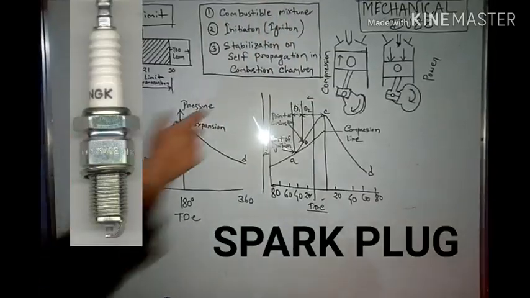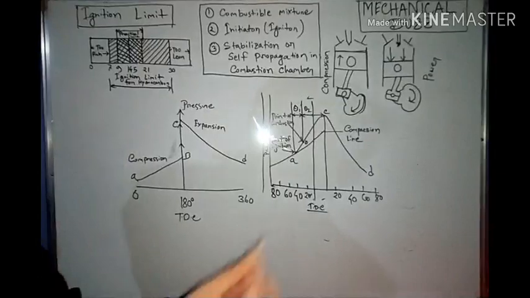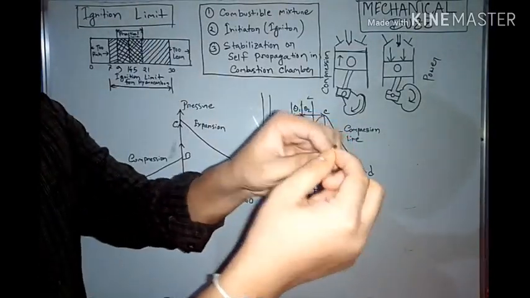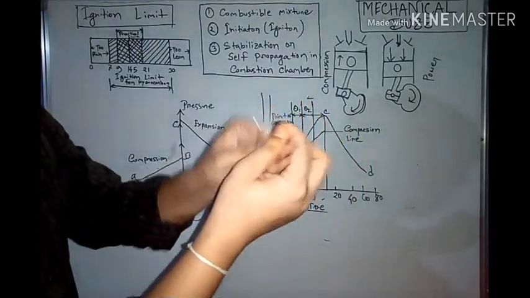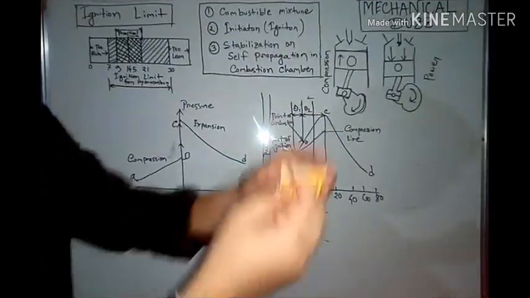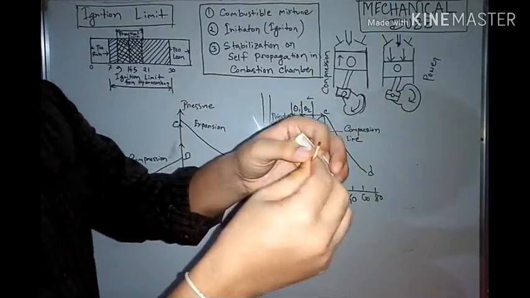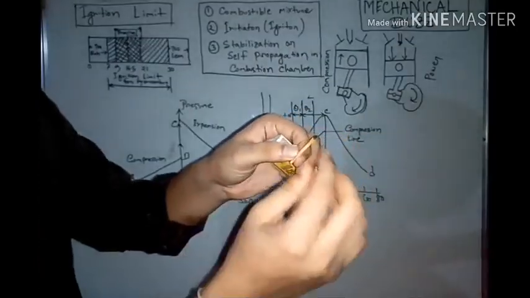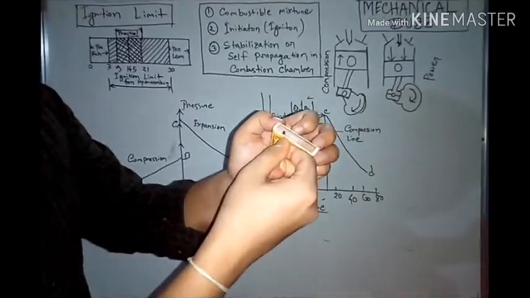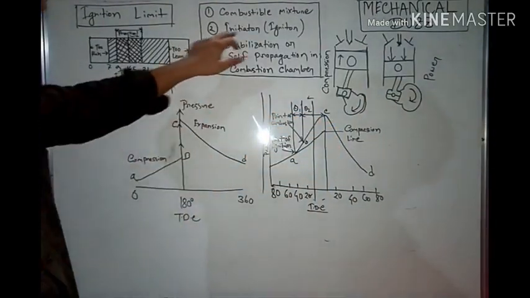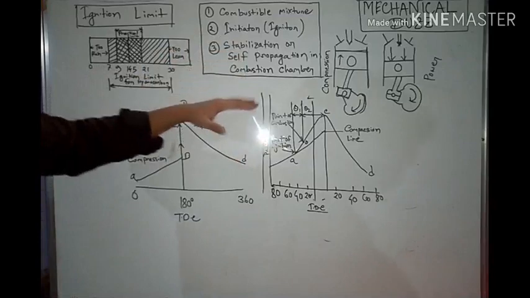That spark plug is called the igniter. To burn it properly you need an igniter, and here the igniter is this: you rub here, and ignition occurs. So the second thing is that you need an igniter, and the third thing is very important.